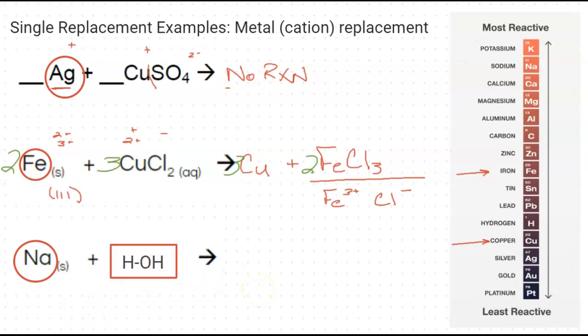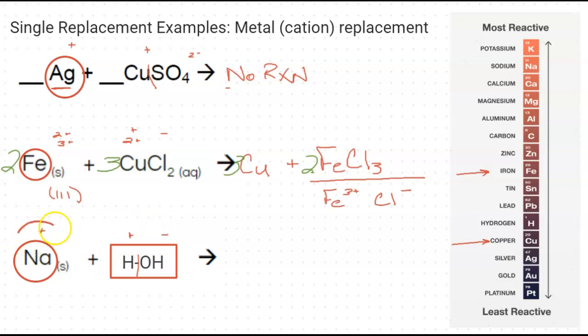So I've got sodium circled, so I want to compare sodium, and I want to figure out which of these two ions it is most similar to. When I split my ions apart, sodium is a +1. When I look up hydrogen, it is a +1, and hydroxide is a -1.